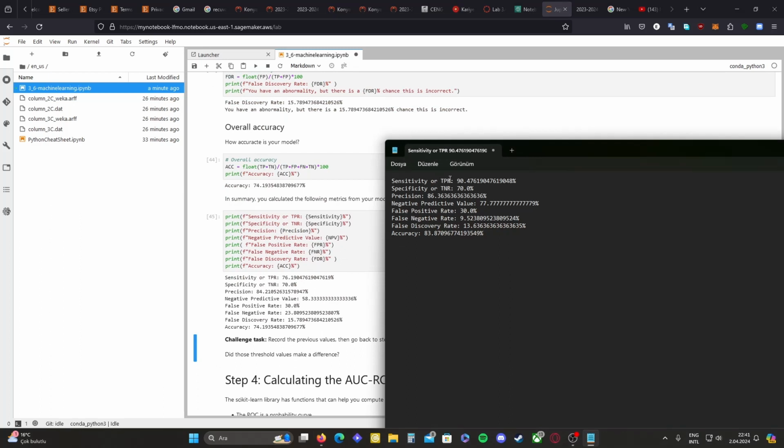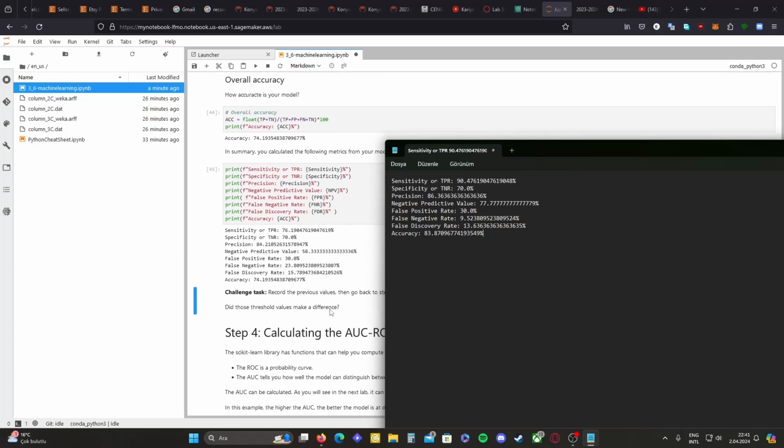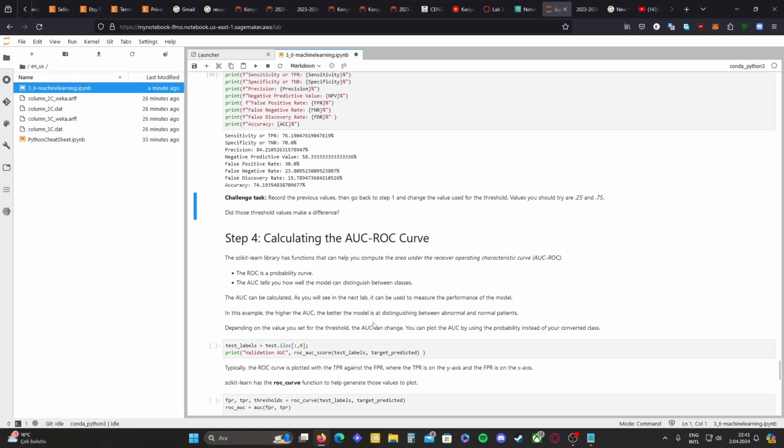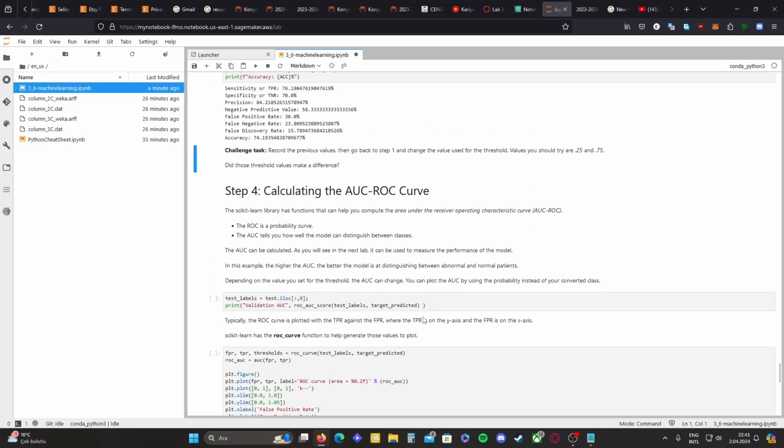So sensitivity or TPR is lowered, TNR is the same, precision has fallen, and the accuracy has fallen again. Do the threshold values make a difference? Yes, they do.